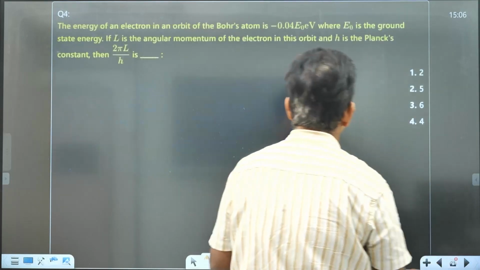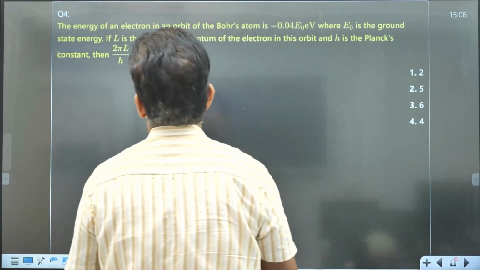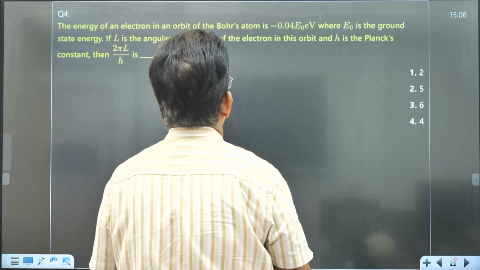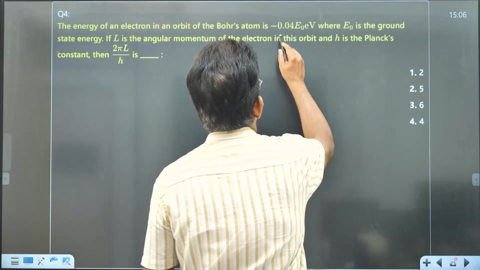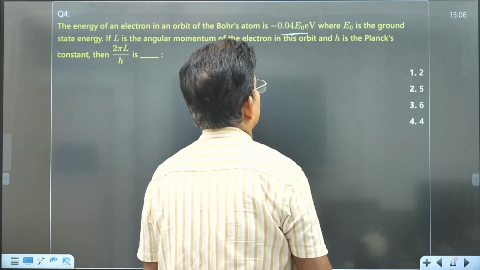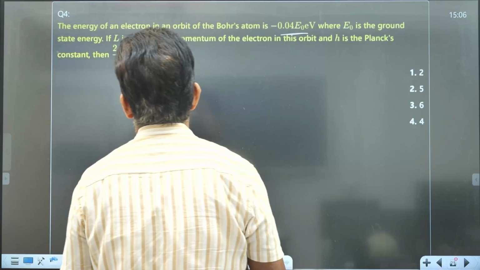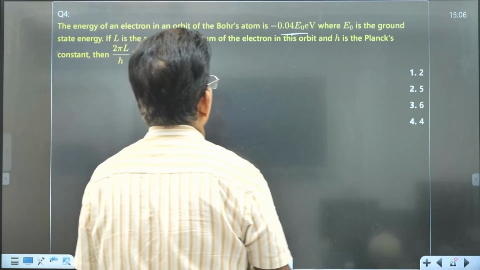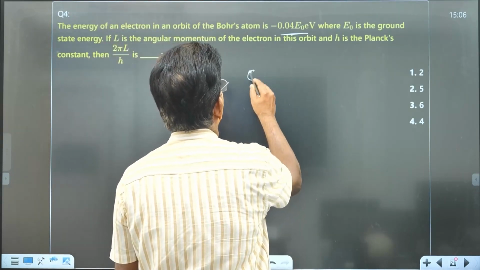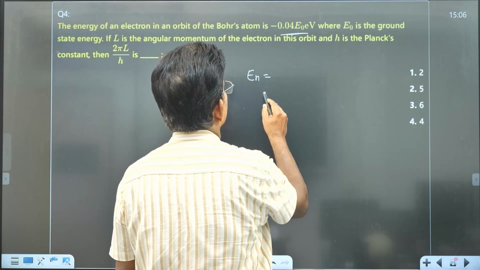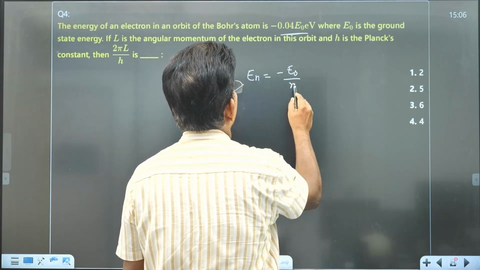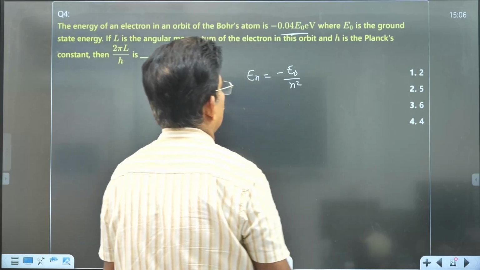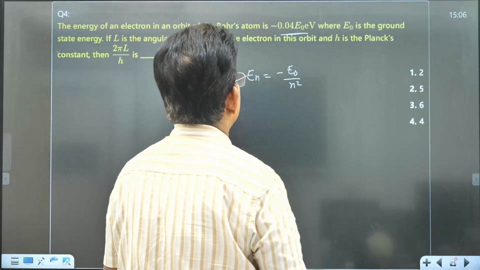Next question. The energy of an electron in an orbit of Bohr atom is 0.04 E0, where E0 is the ground state energy. Then we have to calculate the angular momentum. We know the energy of nth orbit is equal to minus E0 by n square.